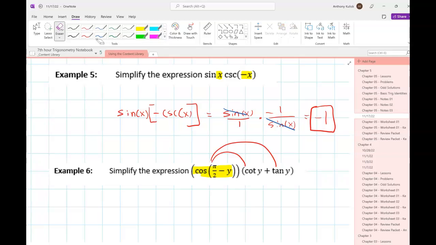What are we going to want to do before we even think about distributing? Use an identity, get rid of that pi over 2 minus y piece, right? Using the co-function identity, what does that turn into? Sine, well, it would be y in this case, because that's the variable.